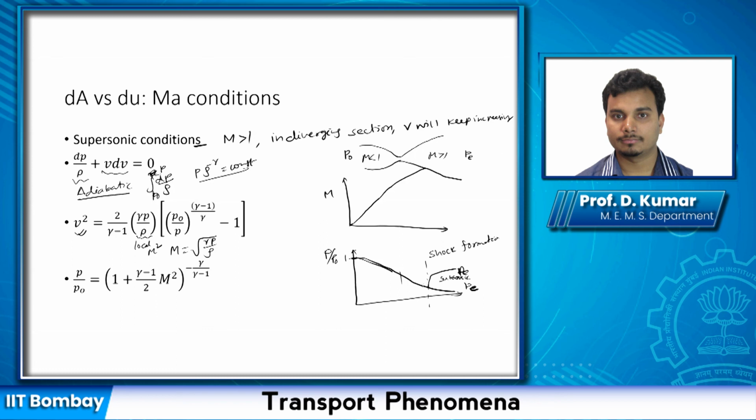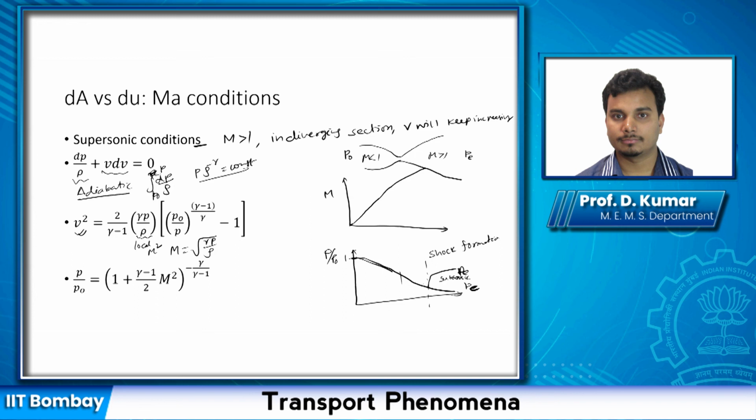If there was no shock formation, then it will follow this path and remain supersonic. Then you will have a supersonic jet. So it is a function of the exit pressure PE. In this case, you could have Mach 2 or Mach 3 or whatever.